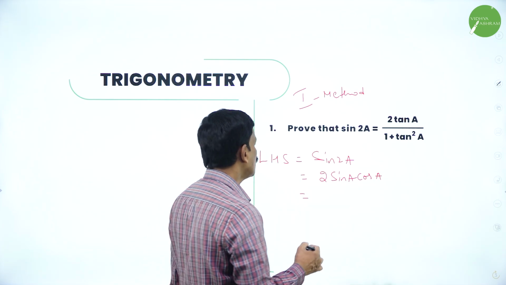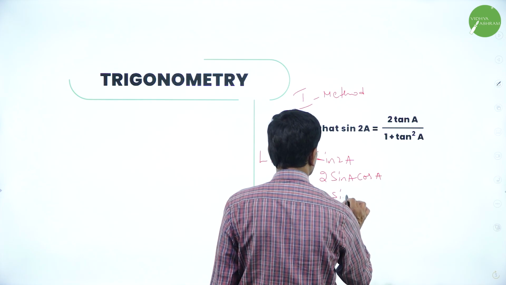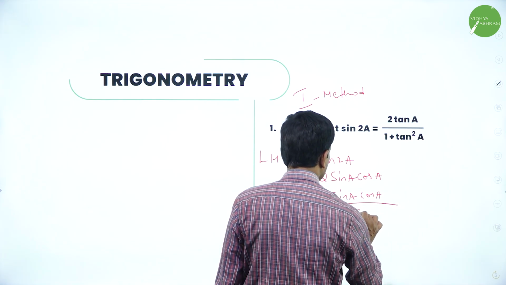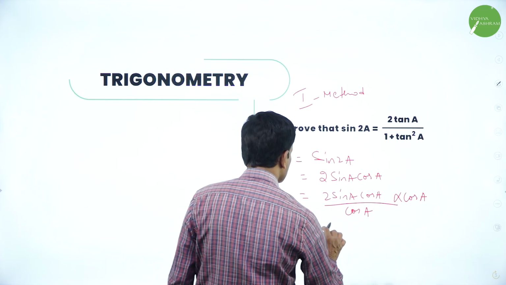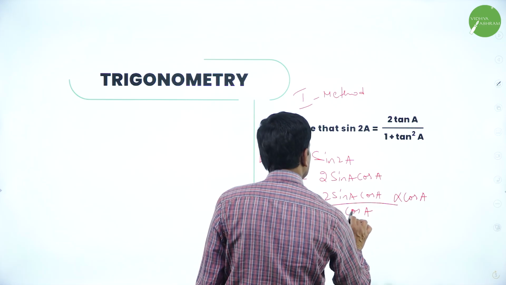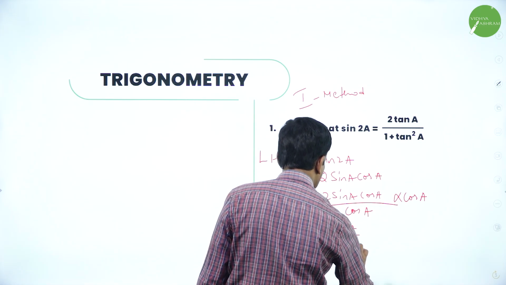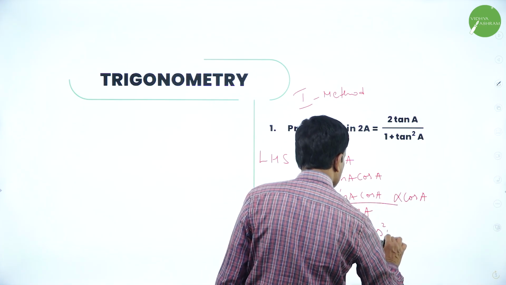Now just multiply and divide by cos a. So 2 sin a cos a divided by cos a, multiplied by cos a. What happens? This is equal to 2 times sin a divided by cos a, into cos a is cos squared a.